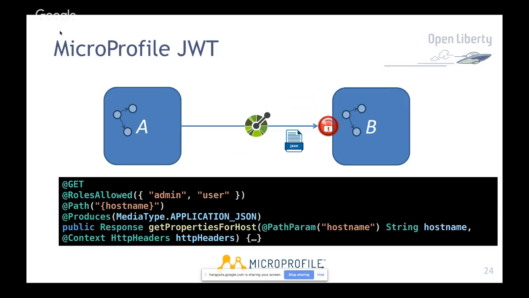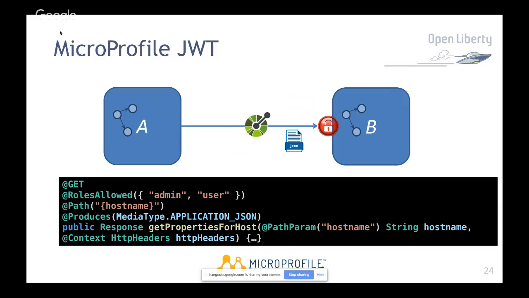For example, you have a service A calling into service B, and then calling into service C. If service B got all the security token, when it calls into the backend service C, it should directly pass down all the credentials. MicroProfile JWT is able to help. So basically, the JWT token is automatically propagated to the downstream.